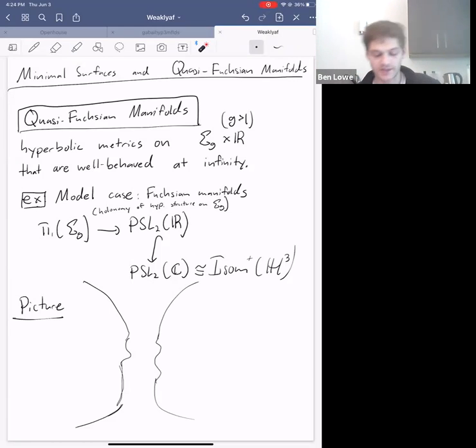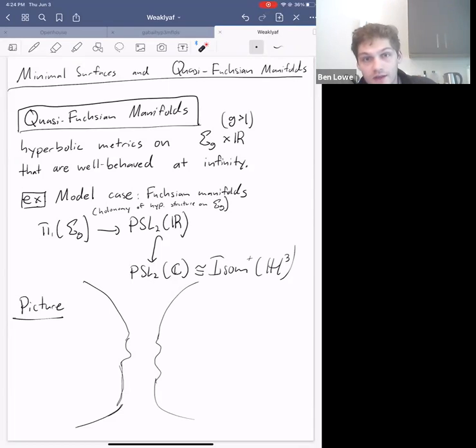Maybe the first model case, the trivial case, for quasi-Fuchsian manifolds is if you take a hyperbolic structure on a surface of genus G. Specifying the hyperbolic structure is the same as specifying the holonomy, a representation of the pi_1 of the surface in PSO(2,R).